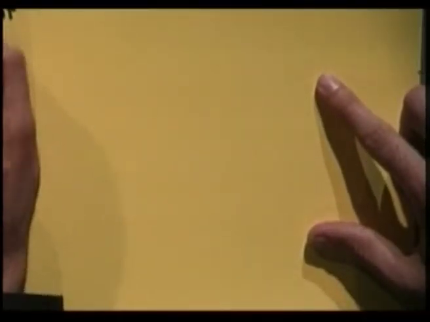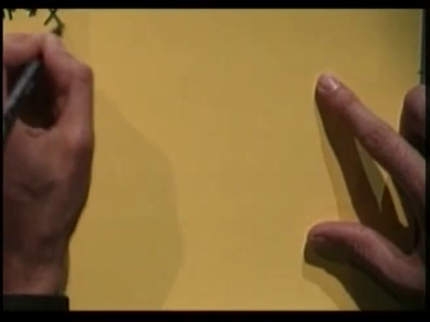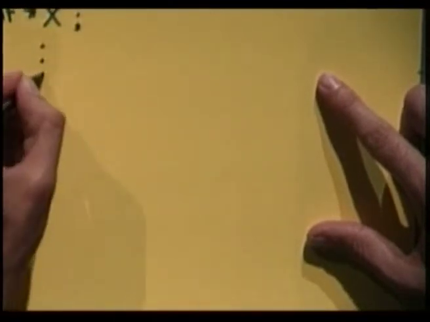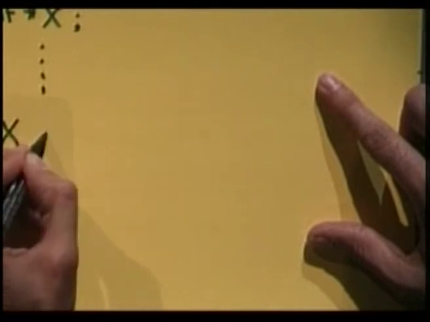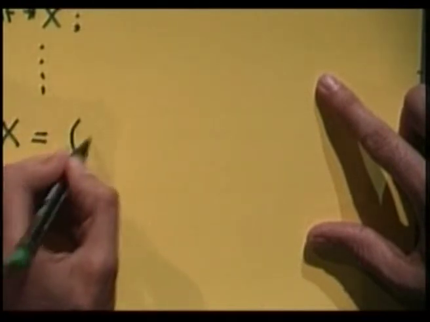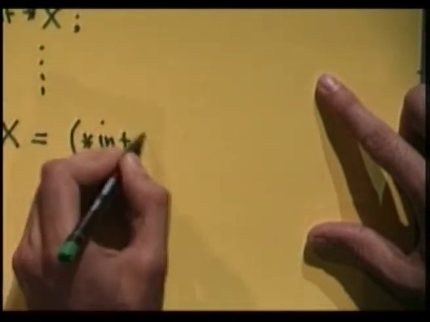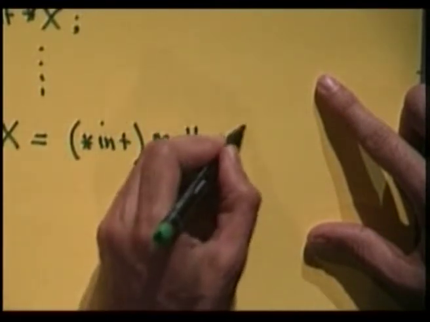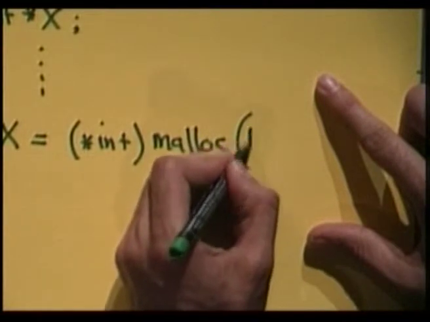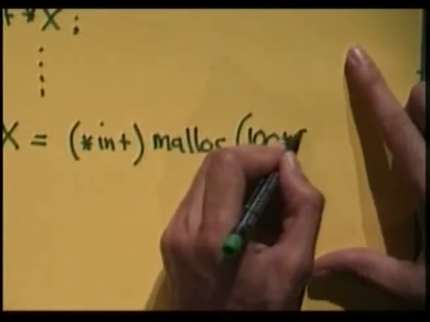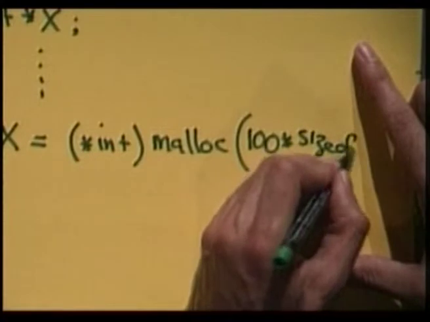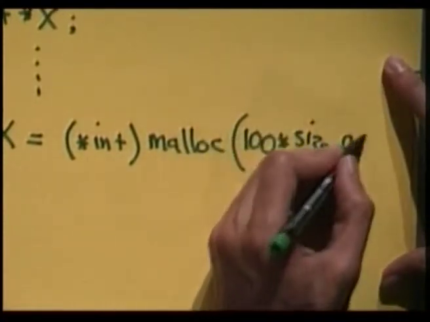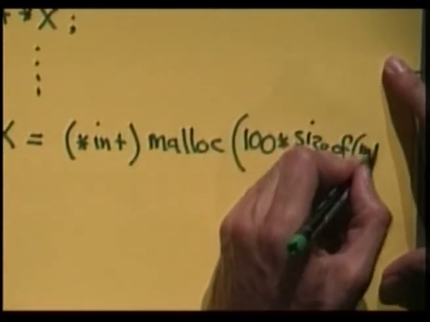So I can say something like, let's say integer pointer x, and in the middle of my program, I say something like x equals integer malloc 100 times sizeof, that's one word, sizeof integer.